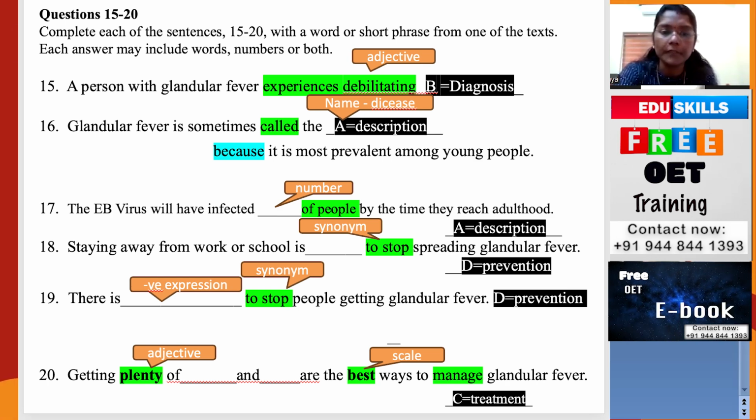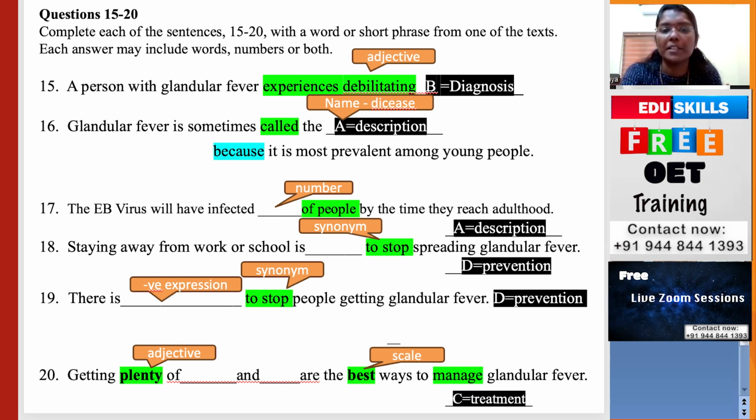Then the questions that come under B: 1, 5, 9, 12, 15. Just mark them. The first one is the signs that someone might have glandular fever. Instead of signs, what we can see in the text is symptoms.